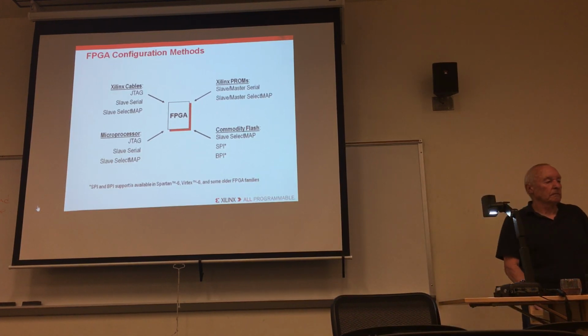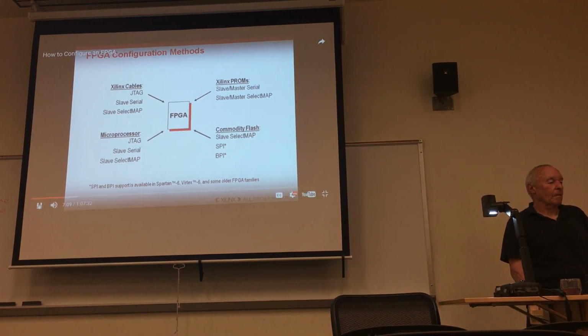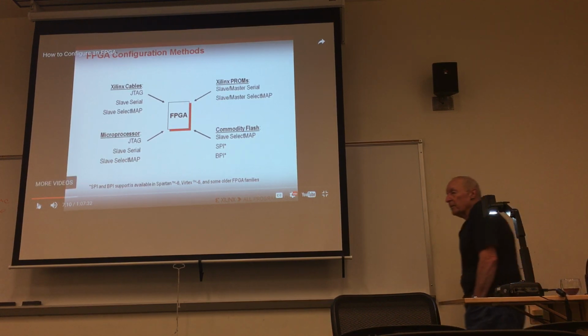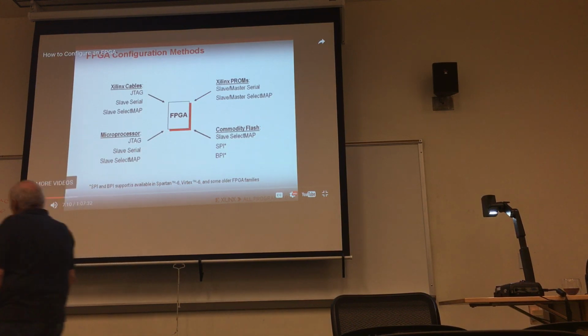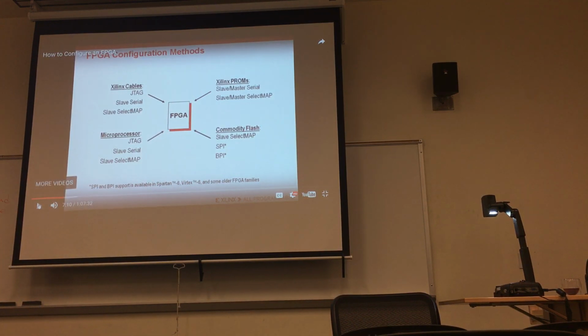Configuration can also occur with the use of a microprocessor or microcontroller. We're going to go through that, but let me summarize the 4 methods for you. In the upper left, you have the Xilinx cable. That's where you have your printed circuit board with the FPGA plugged into a PC. And you're going to download from the PC to the FPGA.